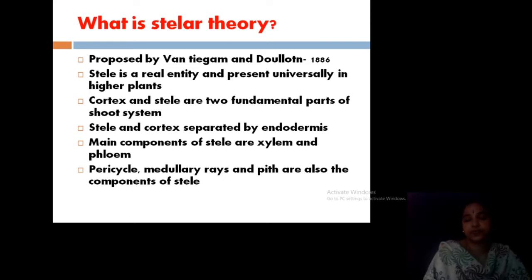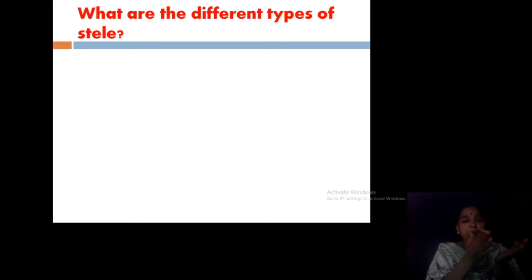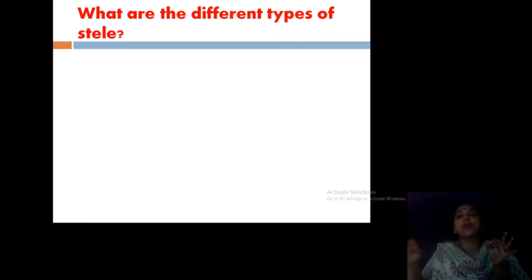Clear? Okay. Now, what are the different types of stele? So, the stele has very much importance in pteridophytes, because from bryophytes to pteridophytes, the development of vasculature is very significant. So, in pteridophytes, there are types from primitive, very basic type to advanced type. The primitive type, you studied in Psilotum, to the advanced type you studied in Pteris. So, likewise there is a series of changes taking place in the stele.